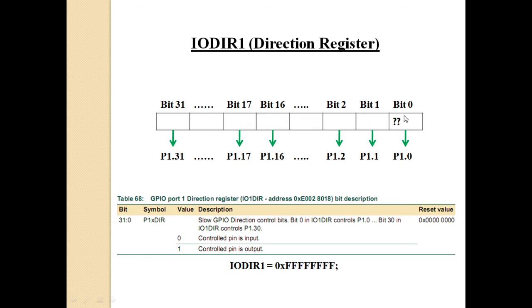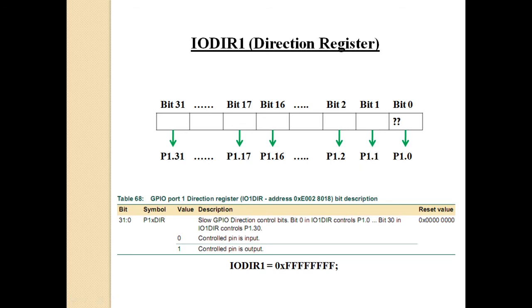Similarly, if you are writing a value 1 in a particular bit, the corresponding pin will be configured as output, right? So if you are writing 1 here in bit 0, what does it mean? P1.0 will be configured as output. If you are writing 0 here in bit 1, what does it mean? You are configuring P1.1 as input.